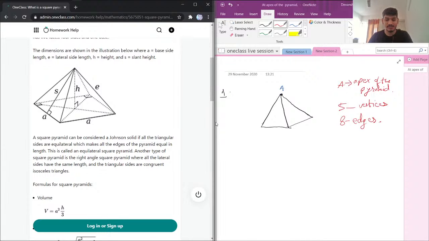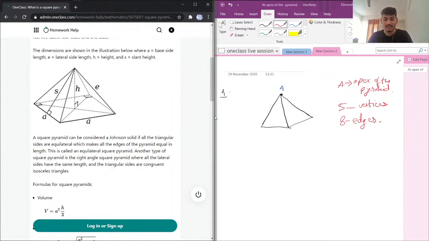We also call pyramids with the help of their triangles or angles. So for example, one more pyramid is the equilateral square pyramid, and one is the right square pyramid. These are further subtypes of a square pyramid.